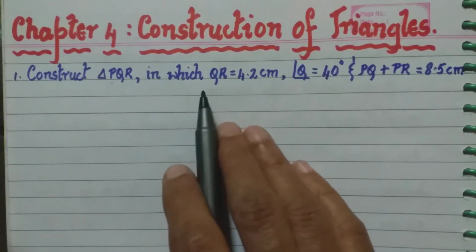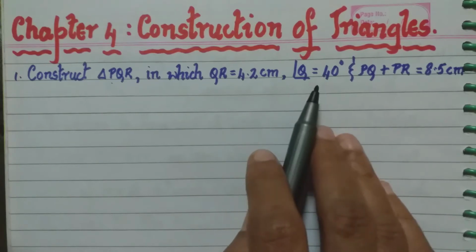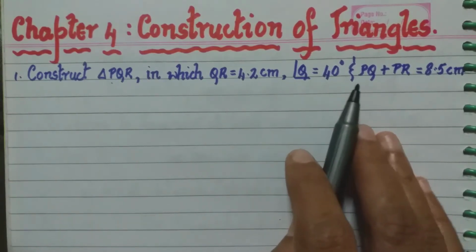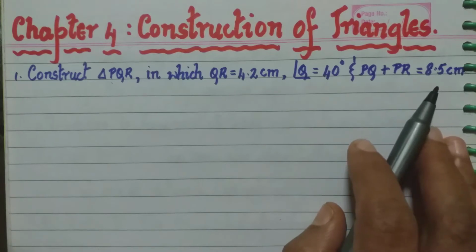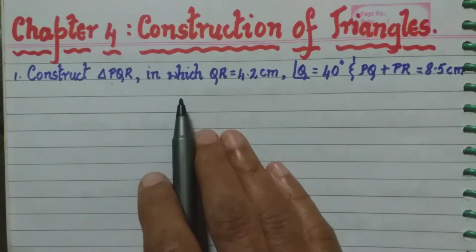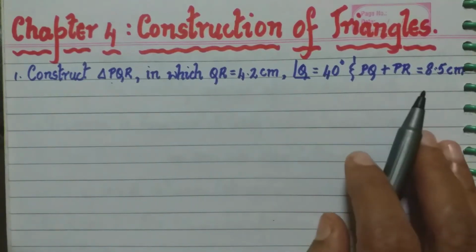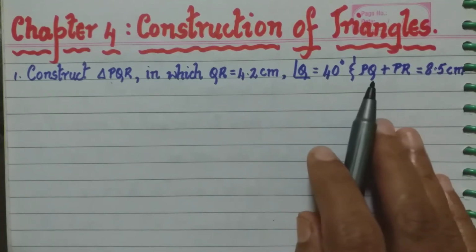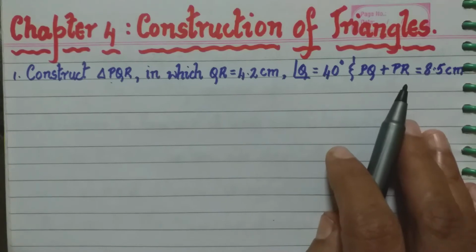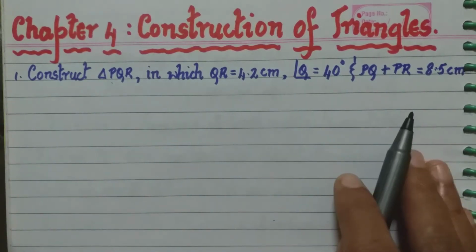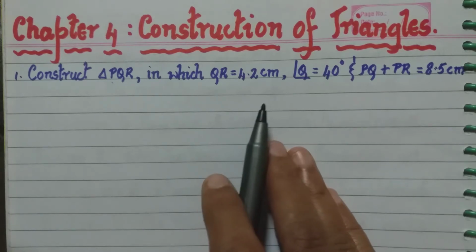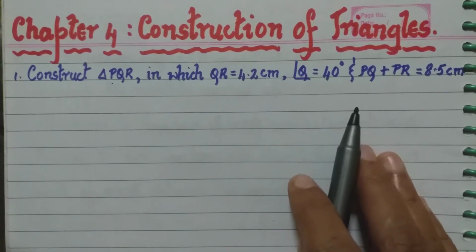So one of these angles of the base, angle Q, is given, and the sum of the lengths of the remaining two sides, that is leaving QR, the other two sides are PQ and PR, that is PQ plus PR, is given. This type of sums we will see now here in practice set 4.1.